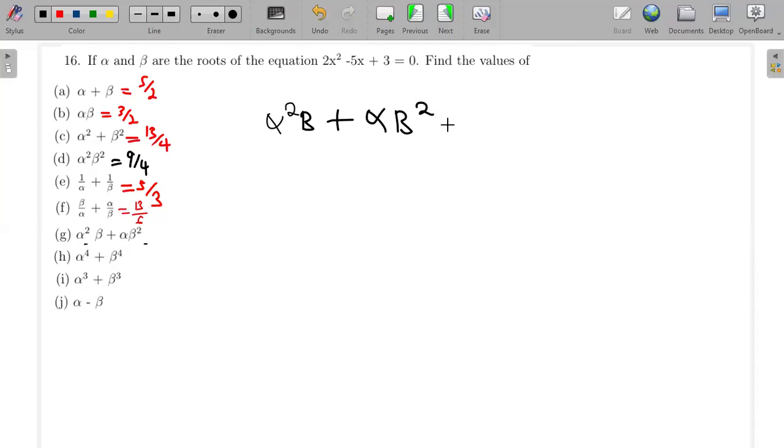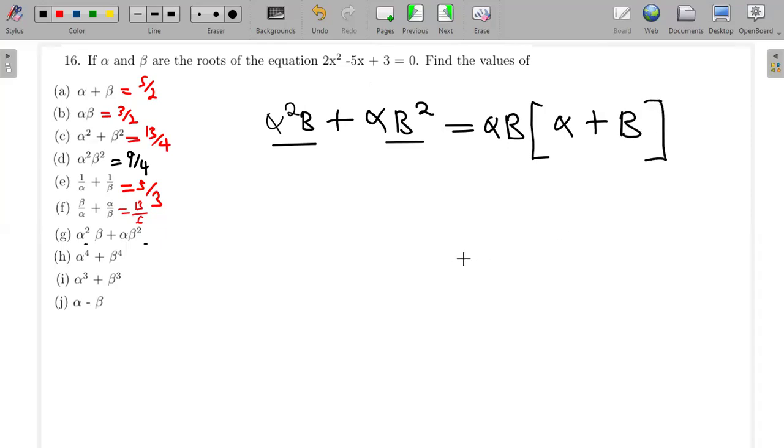Okay, I'm just going to factorize what is common here. So here I have alpha and beta, even here I have alpha and beta. So I'll factorize alpha multiplied by beta. Then what I'll remain with in the brackets will be here, when I factorize alpha beta, I'm just going to remain with the alpha. Okay, and then I'll say plus. Here, when I factorize alpha beta, I'm just going to remain with what? With the beta.